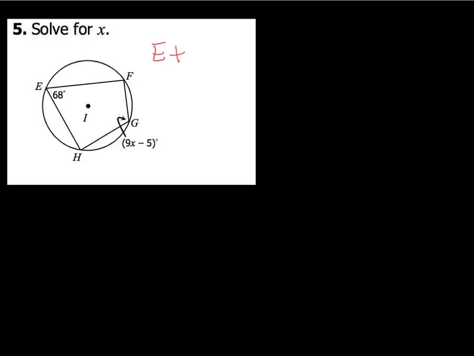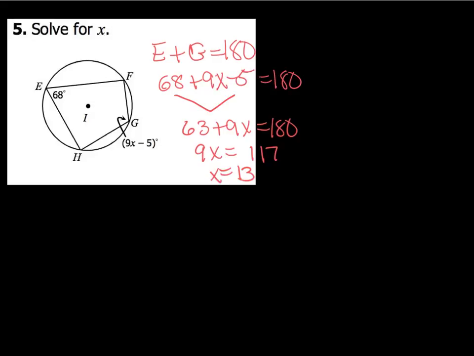So angle E plus angle G is going to add up to 180. And so that's 68 plus 9X minus 5 equal to 180. And when we solve for X, we get X is equal to 13.